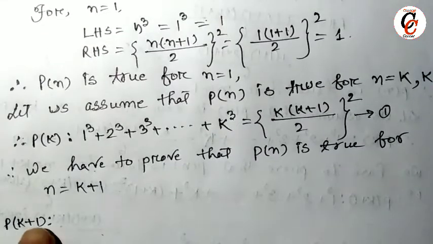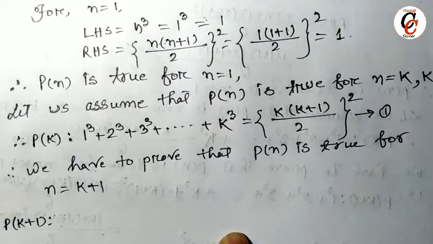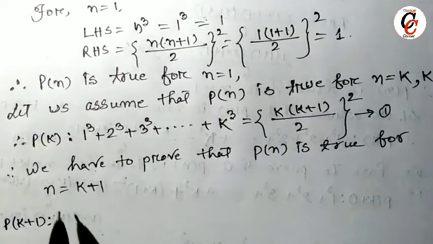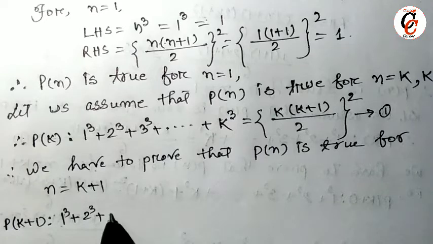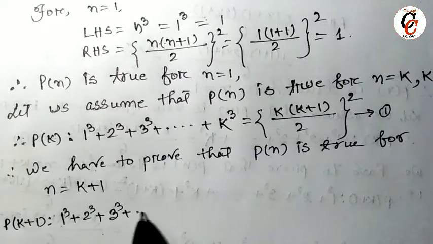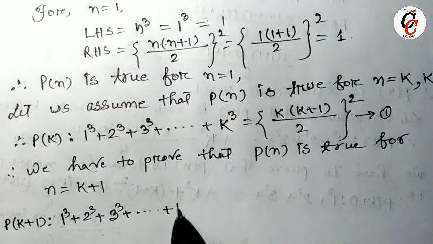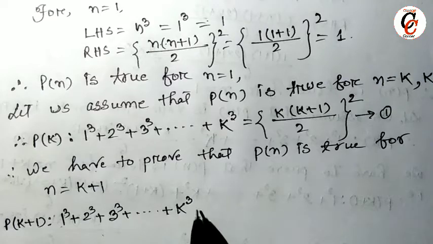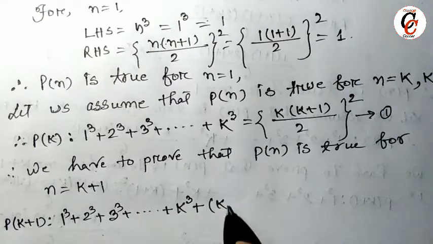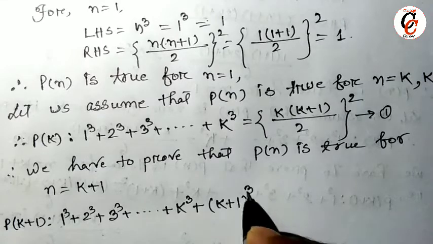if you can write this line, then your 90% proof is already done. So Pk plus 1 is 1 cube plus 2 cube plus 3 cube plus, here up to k cube will remain the same, since for the k plus 1 term one more term will come. So one more term means in place of k we have to put k plus 1 cube.